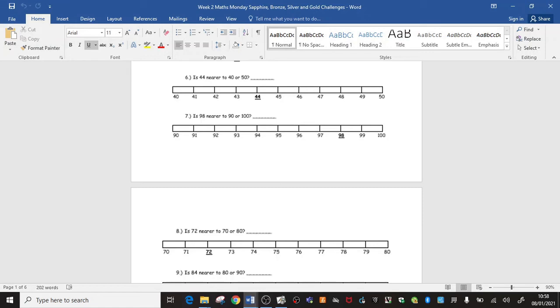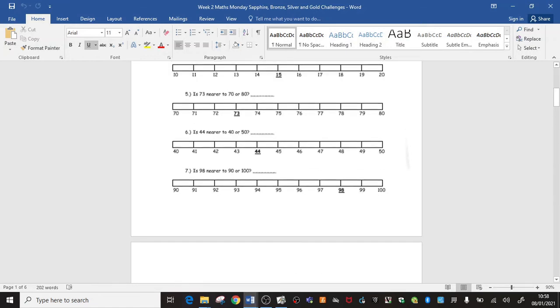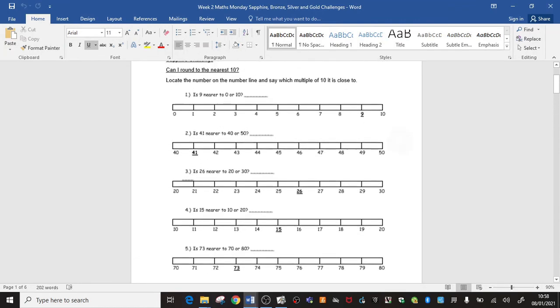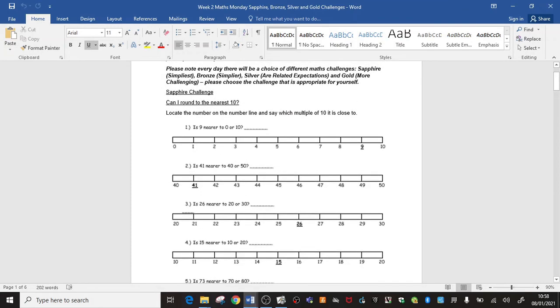And obviously you need to make the decision whether to round down to, for example, is 44 nearer 50 or 40? Make the decision whether it rounds to 40 or 50. Obviously on this occasion, it would round down to 40. There is a separate video which you can find on the YouTube channel, which when I've recorded that, will have a link at the top of this sheet, and that separate video can help anyone who's approaching that Sapphire challenge.